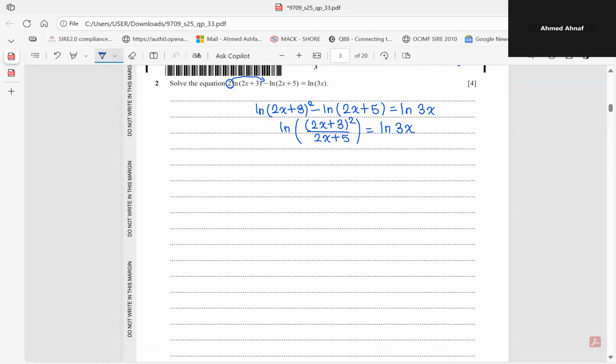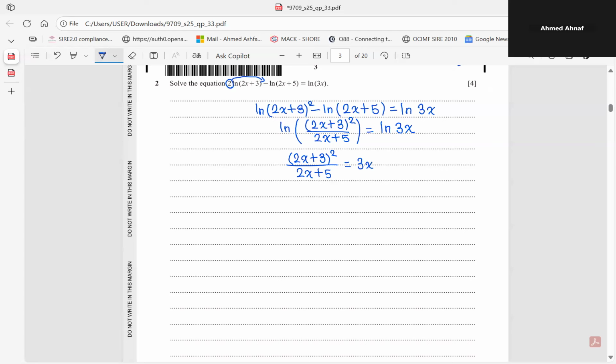Okay, now we can just equate the expressions inside the logarithm. So this would just be 2x plus 3 squared over 2x plus 5 equals 3x.